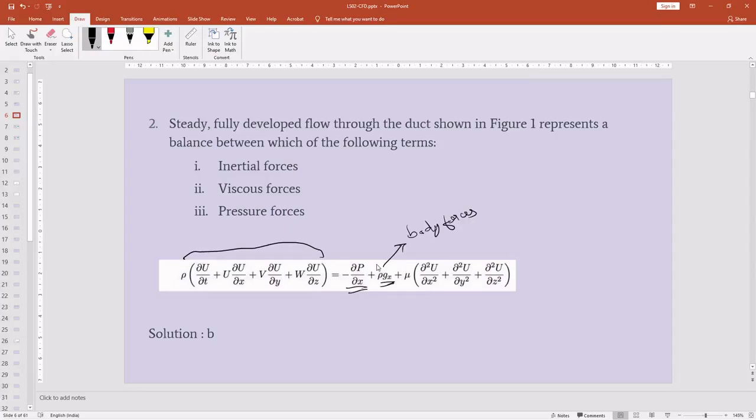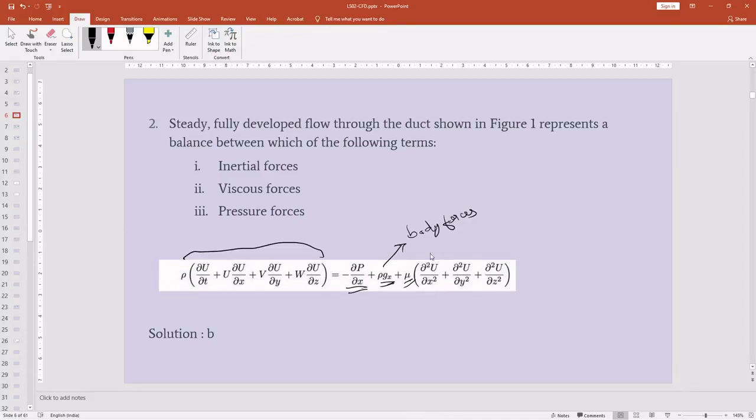If it is a gravitational field, electromagnetic field, all such forces are considered body forces. The last term is evident, because since mu is present here, it is the viscous force.